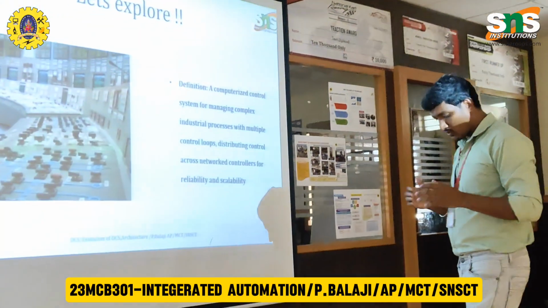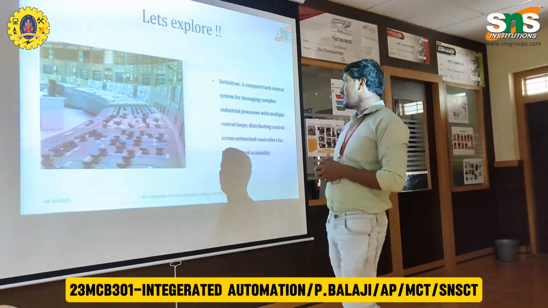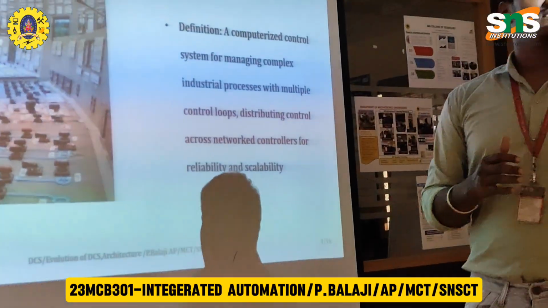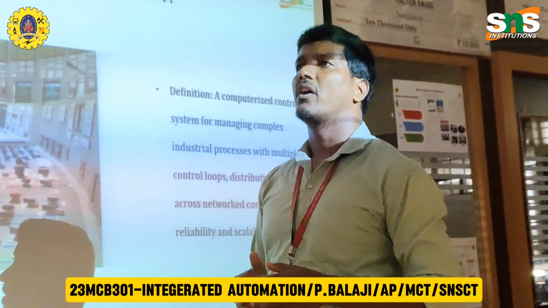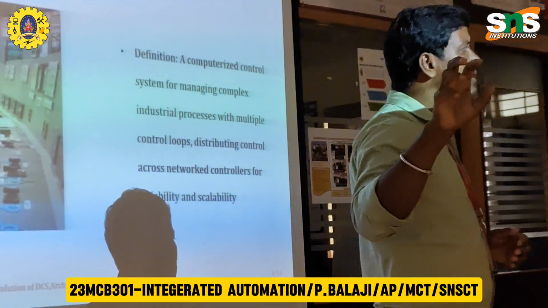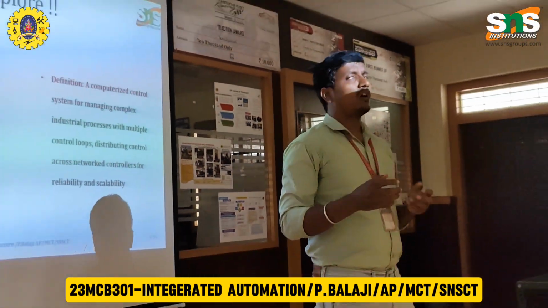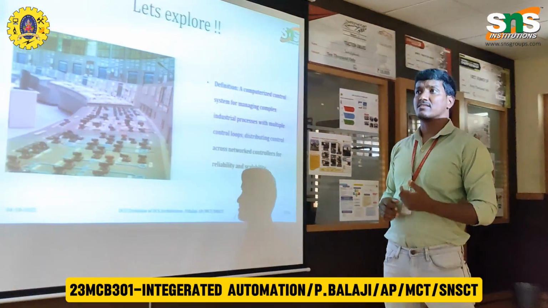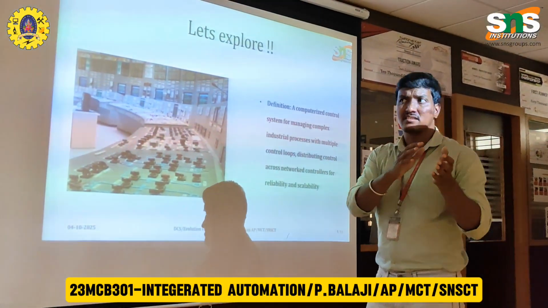So let's explore what DCS is. DCS is a computerized system which is used to control all automation operations by using a single device. In our last class we discussed the SCADA system. So what is the difference between the SCADA system and the DCS system?